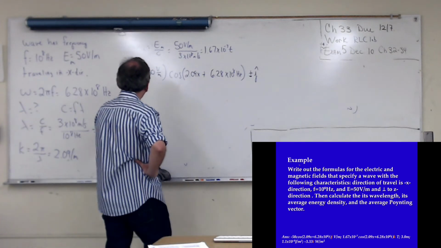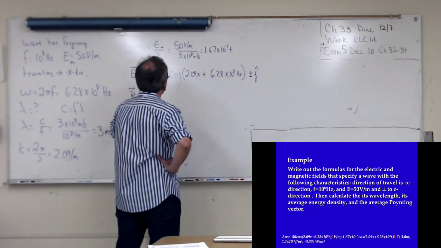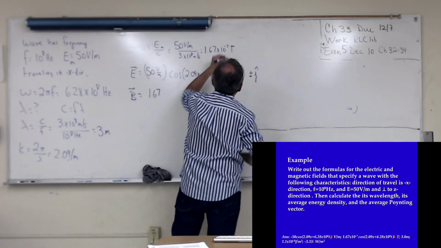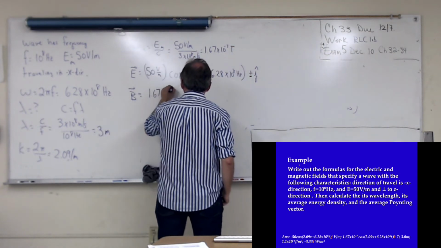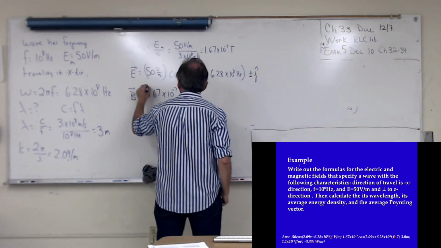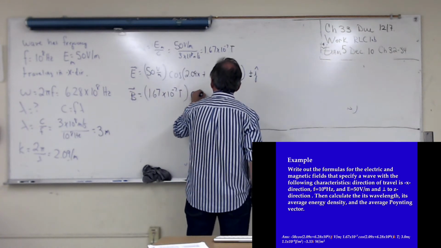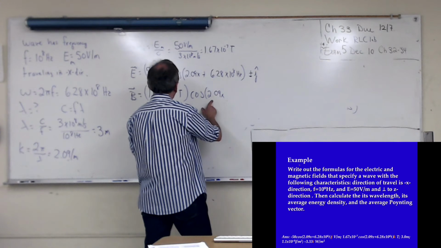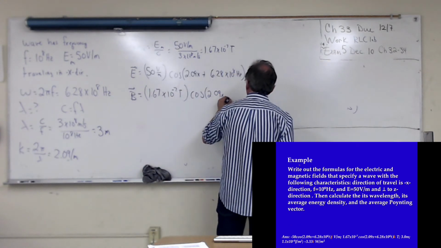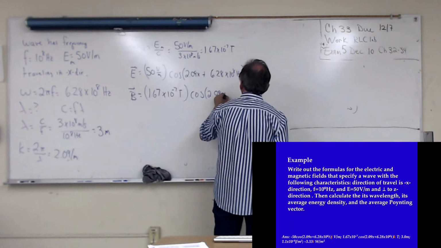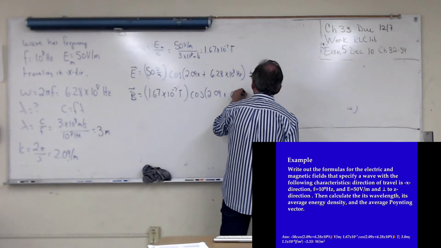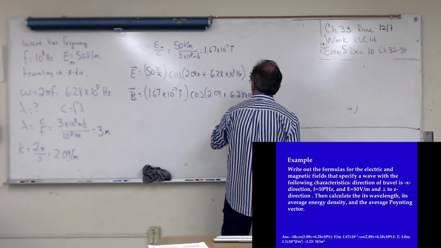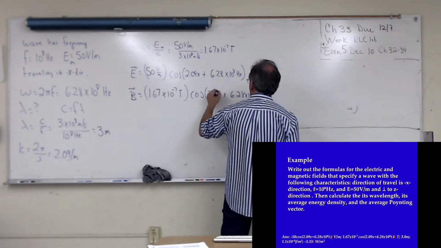And then B is in Tesla. Same form now for the magnetic field. Shouldn't it be 6.28 times 10 to the 8 times time?